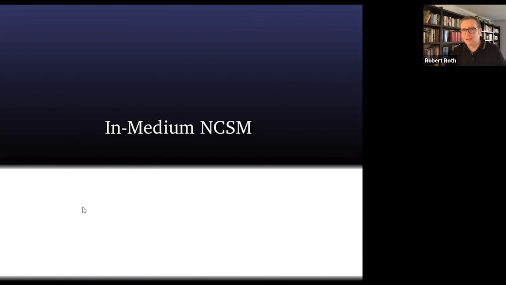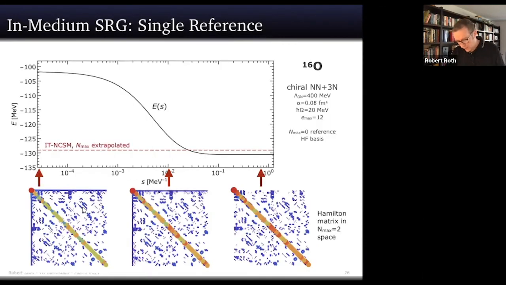So you can just pick up one of these matrices whenever you like during the flow, and decide to do a CI calculation, an NCSM. And this is not possible so easily with coupled cluster because you get non-Hermitian eigenvalue problems. It's super simple with in-medium SRG because you have this information about the flowing matrix all the time.